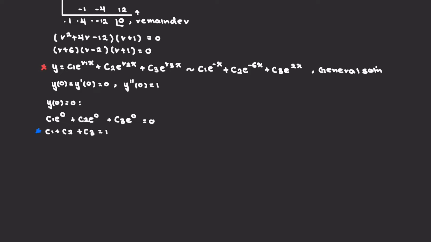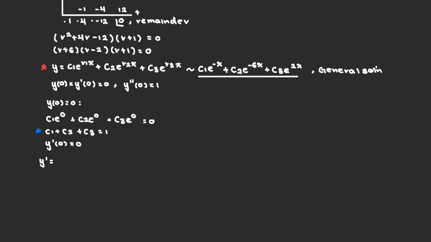Let's mark this down for our first initial value condition. And our second one is the derivative y'(0) equals 0. And so we need to get the derivative of our general solution. Remember, our general solution is right here.